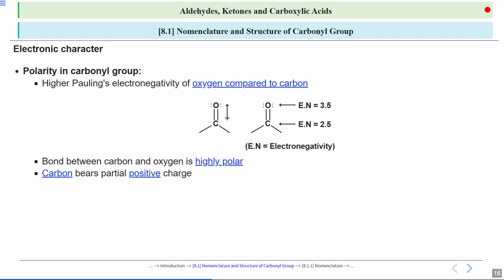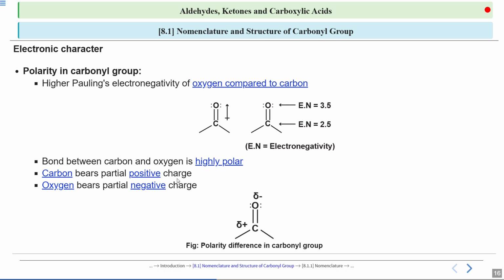Similarly, oxygen bears a partial negative charge because of its higher electronegativity, which allows it to hold on to the electrons more tightly. This makes the oxygen atom behave as a nucleophile, meaning it can donate electrons to other atoms or molecules.